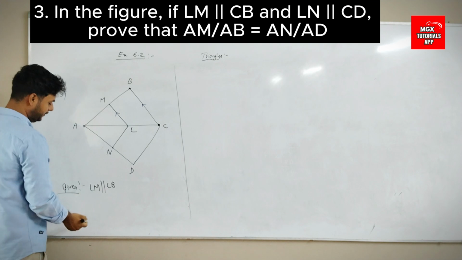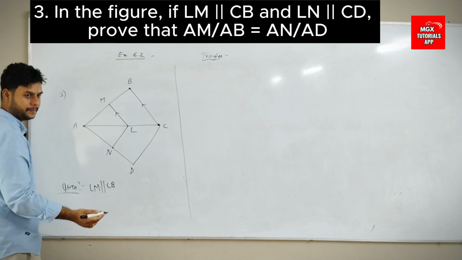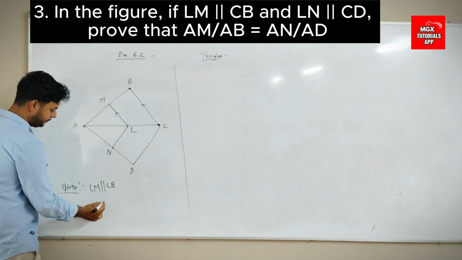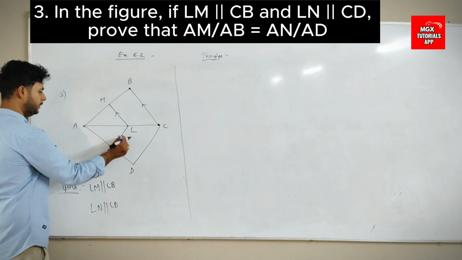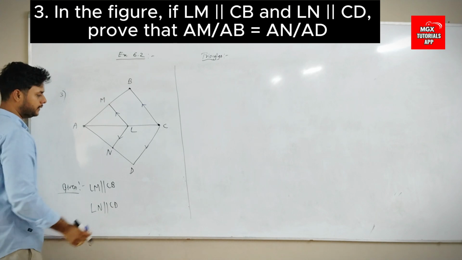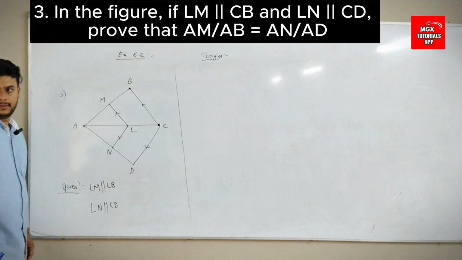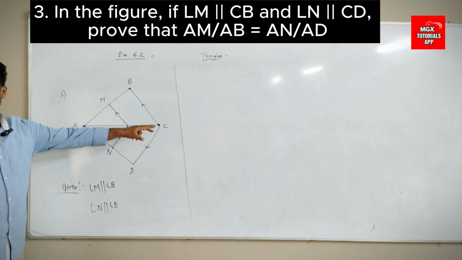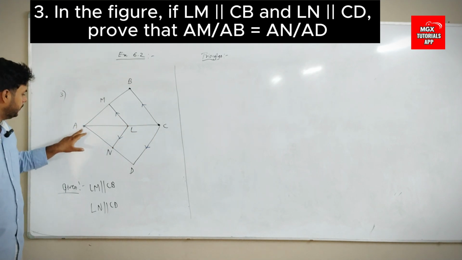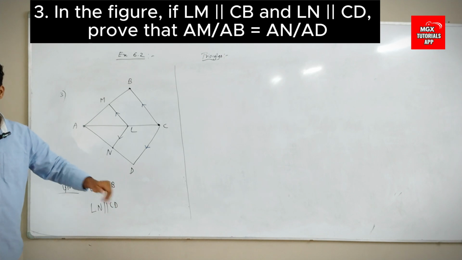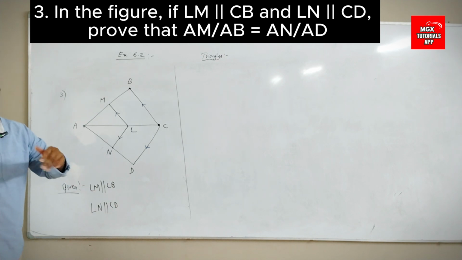Next, read further. LN is parallel to CD. Now which triangle are you seeing? Now you are seeing triangle ADC. In triangle ADC, what is working? AL by LC will be equal to AN by ND. Perfect. Any doubts here? Okay, next.